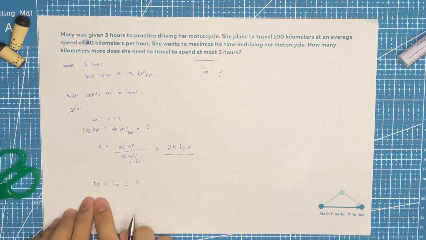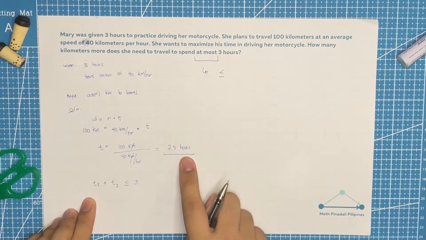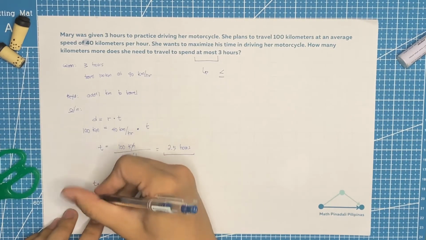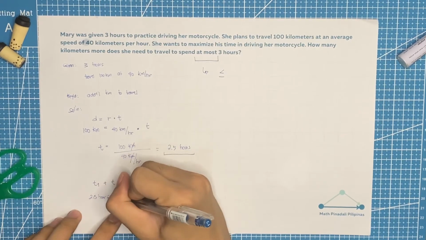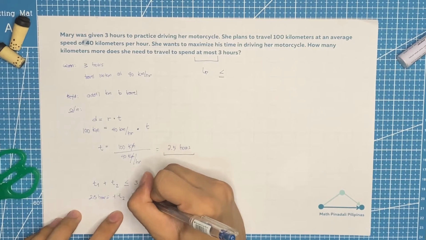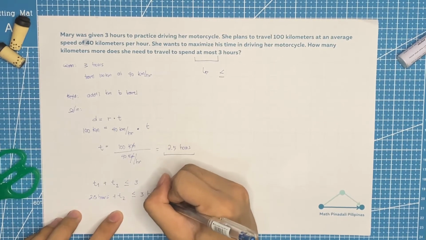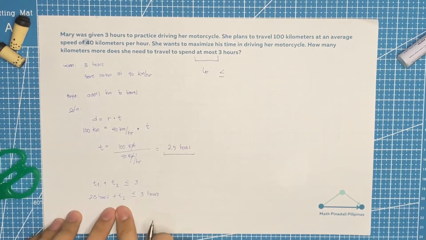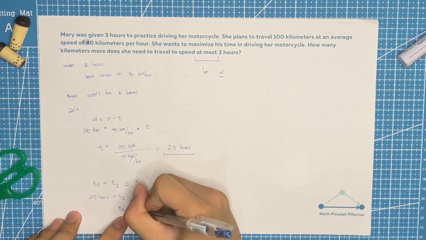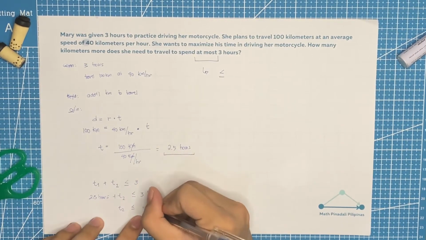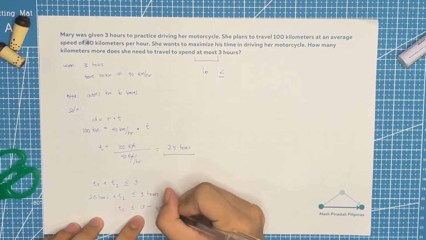Tama? Now, do we know T1? Yes, we know T1. That's our 2.5 hours. So, 2.5 hours plus T2 should be less than or equal to 3 hours. Okay. Now, lipat lang natin yung 2.5 hours sa kabila. That would be T2 less than or equal to 3 minus 2.5.